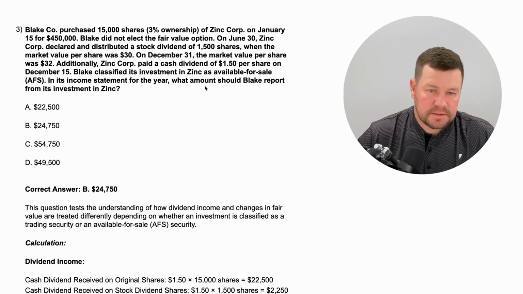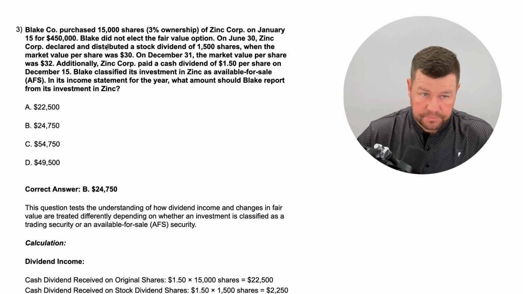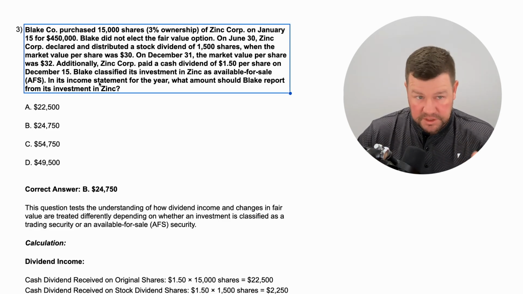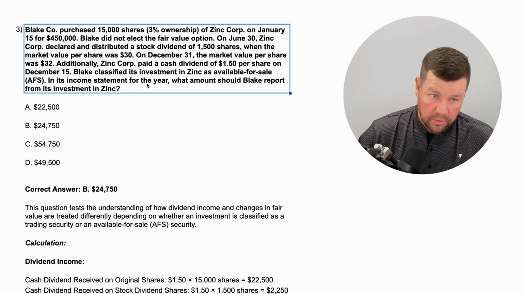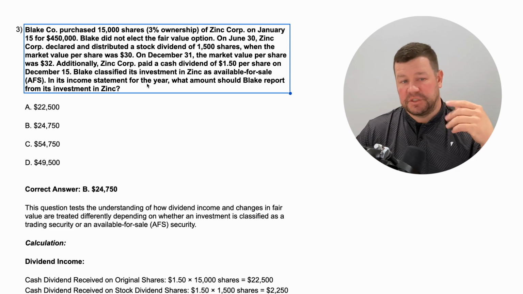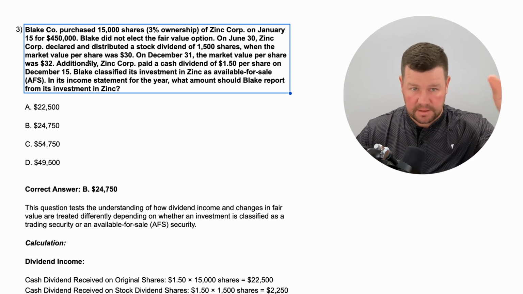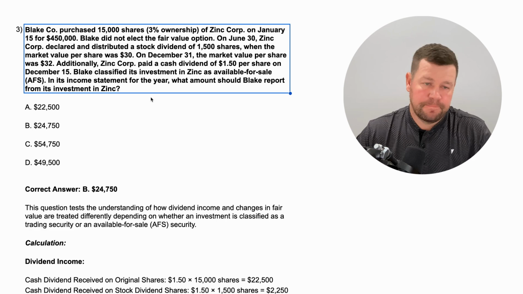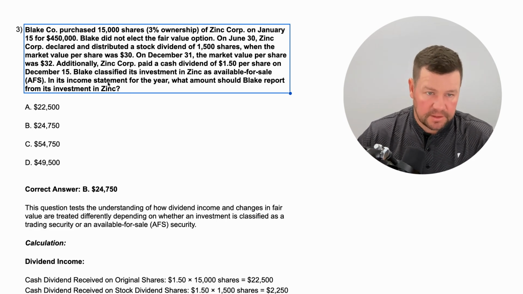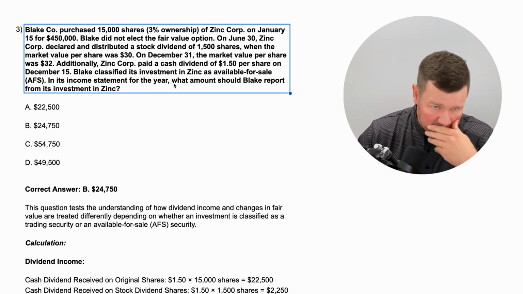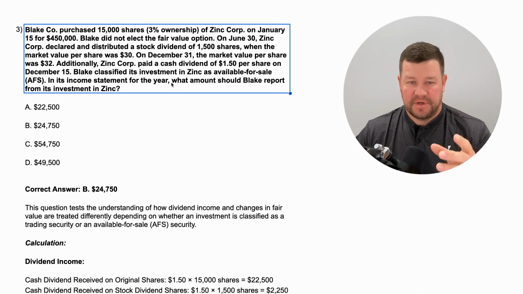Because this is an AFS security, the question is, in its income statement for the year, what should they report from this investment? The change in the fair value doesn't apply. That change would go through OCI. So the only thing they're going to be recognizing in the income statement is the cash dividend.